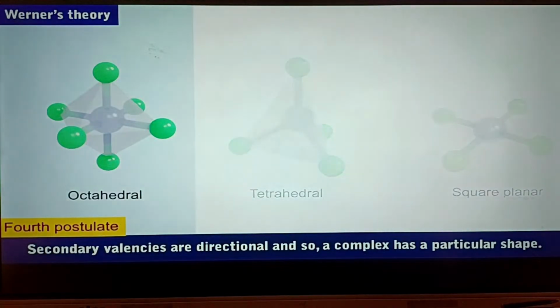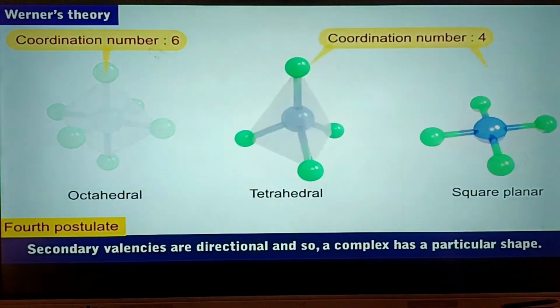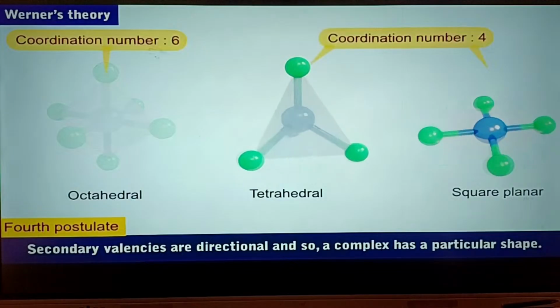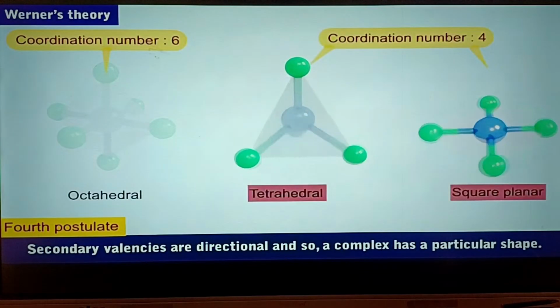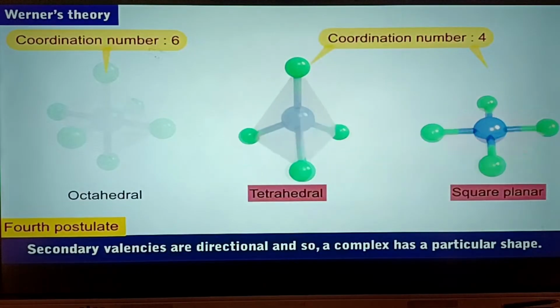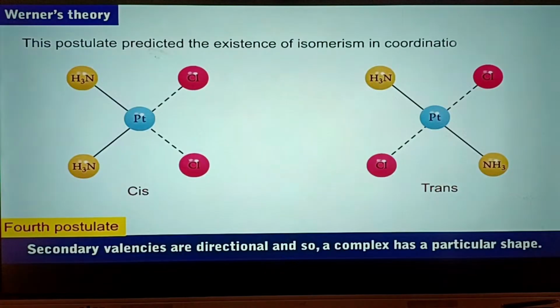The most common coordination in transition metal complexes is 6, and the shape is usually octahedral. The coordination number 4 is also common, and this gives rise to either tetrahedral or square planar complexes. This postulate predicted the existence of isomerism in coordination compounds.